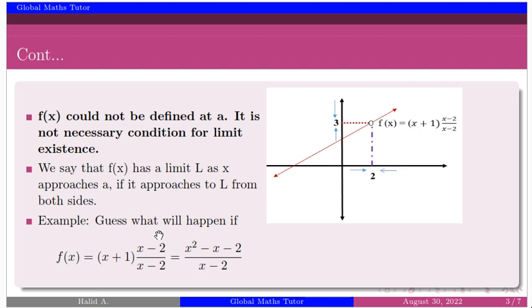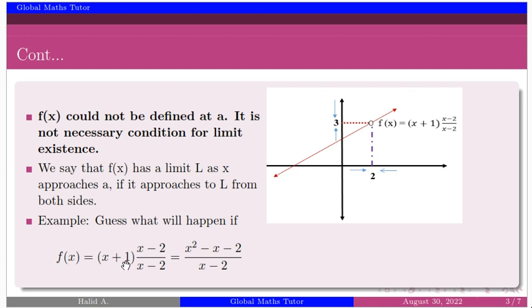For example, the past example is f of x equal to x plus 1. Let's multiply the numerator and denominator by x minus 2 over x minus 2. It means x plus 1 times x minus 2 is x squared minus x minus 2, over x minus 2. This function has the same limit, because except at 2, where it is not defined, this factor cancels out, and for x different from 2 it gives the same result, x plus 1.